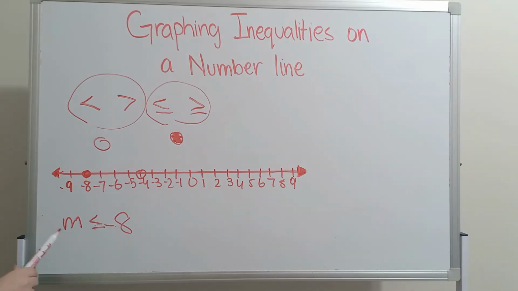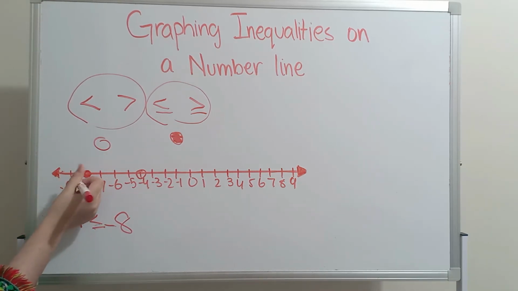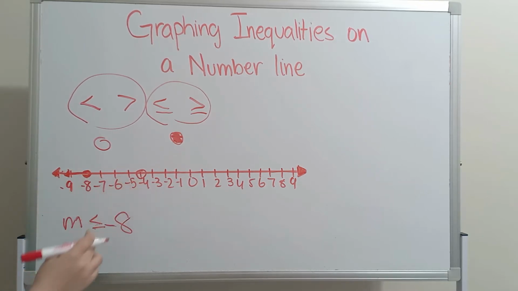So it says m is less than -8. A number less than -8 would be -9, because -7 is greater than -8. So the arrow would be going this way, in this direction. And as for that one, we said that m was greater than -4.